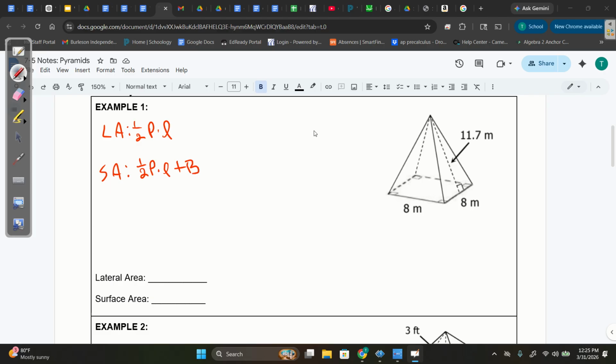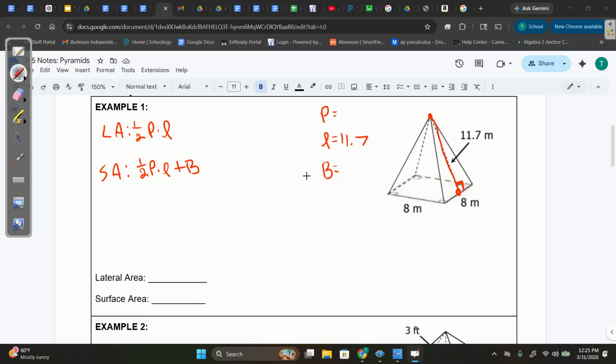So I'm going to need 3 variables: perimeter, slant height, and area of the base. Now the slant height is the length from the tip of my pyramid down the outside to the base, and it will make a 90-degree angle. So in this instance, my slant height is 11.7.